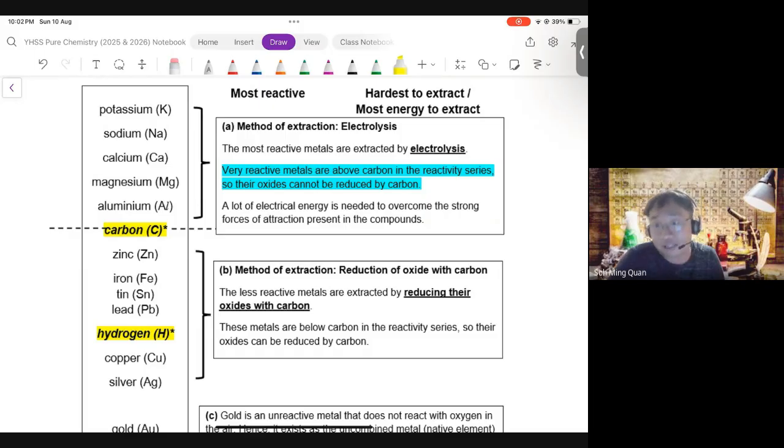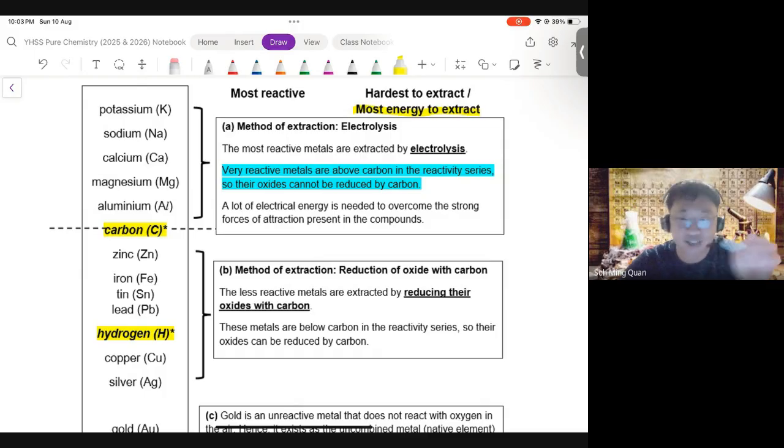This lesson, we started off talking about decomposition of compounds, right? So, potassium and sodium, once they react to form the compound, it doesn't want to go back. It doesn't want to come back again. Once potassium forms K+, it wants to stay as K+. This means that if you wanted K+ to go back to become the metal, to be extracted, it needs a lot of energy.